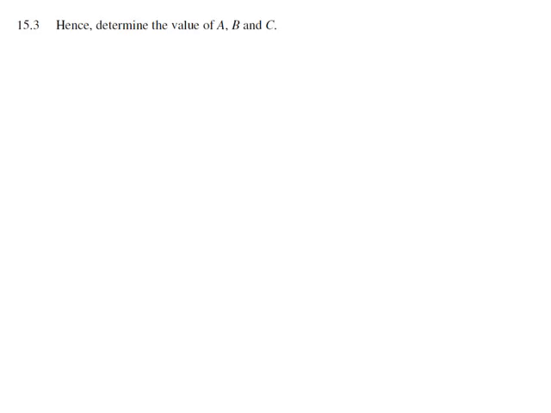In activity 15.3, we are now asked to calculate the values of A, B, and C. So from the previous two activities, we can rewrite our equation as (9x minus 21) over (x cubed minus 4x squared minus x plus 4) is equal to A over (x minus 1) plus B over (x minus 4) plus C over (x plus 1).